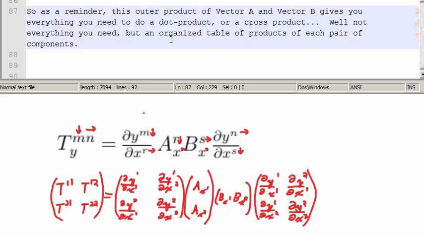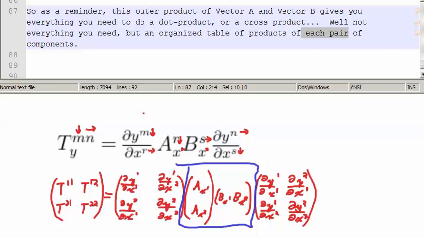As a reminder, this outer product of vector A and vector B right here will give you everything you need to do a dot product by summing along the diagonal, or a cross product by taking negatives and positives in different directions. It's not really everything you need, but it's an organized table of products of each pair of components.